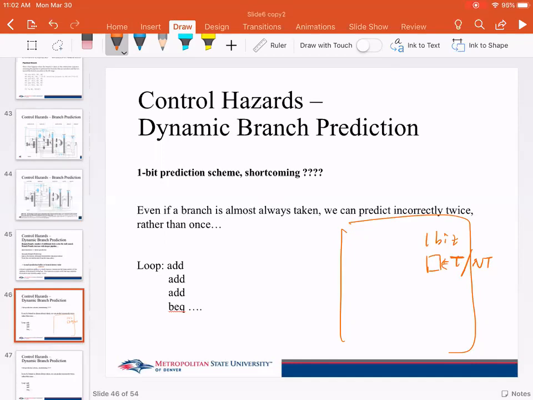For the prediction result, there are only two different situations. One is that you are predicting the branch will be taken. The other is that you are predicting the branch is not taken. So what does that mean? The control unit looks at this small buffer and determines which instruction to pass into the pipeline.